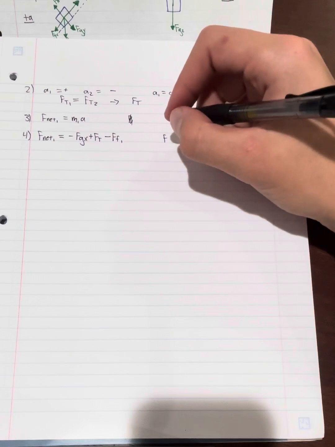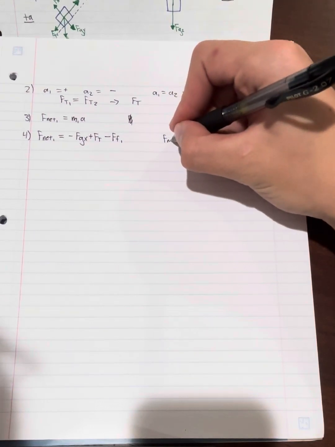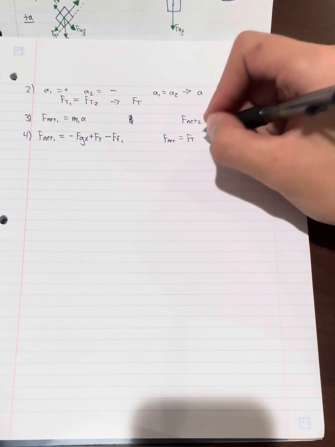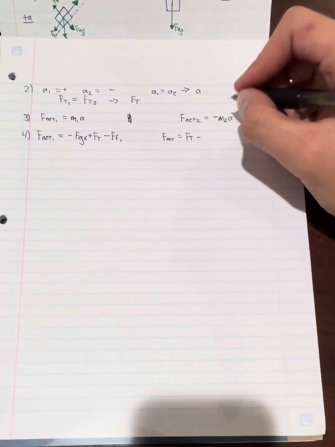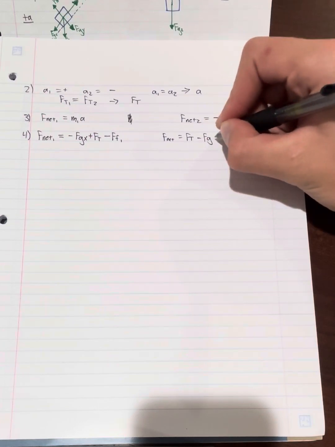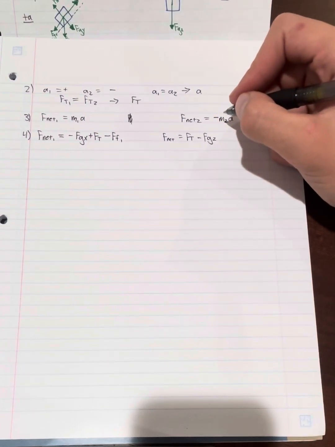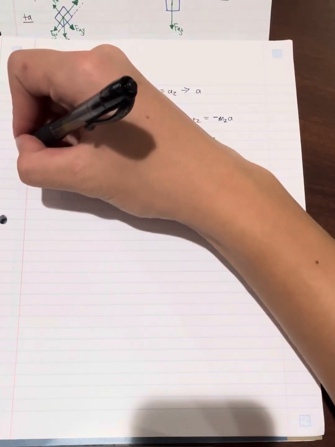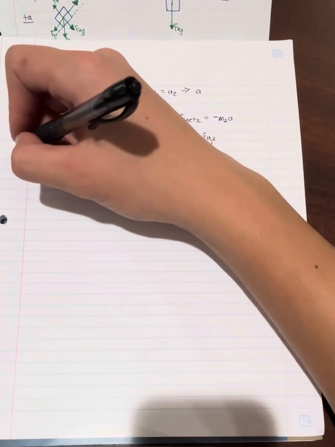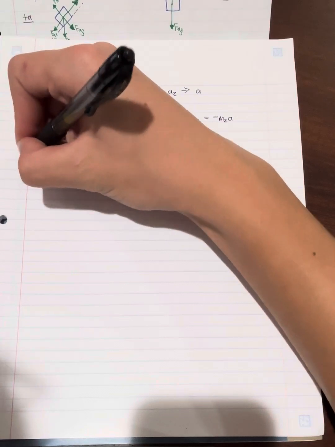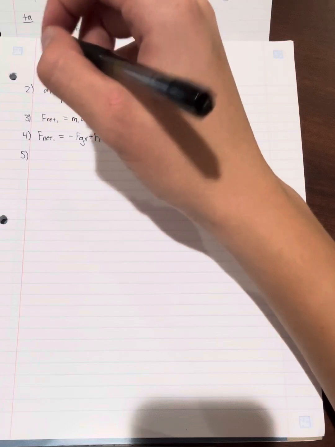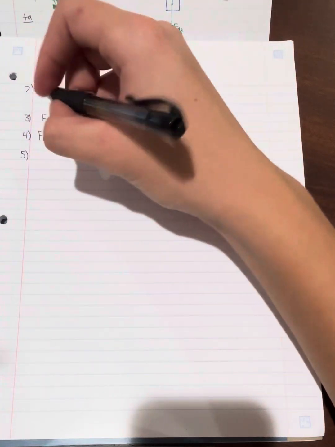For mass 2, we've got force of tension, positive, pulling it up, and force of gravity pulling it down. For step 5, we have to combine these, make them simplified.